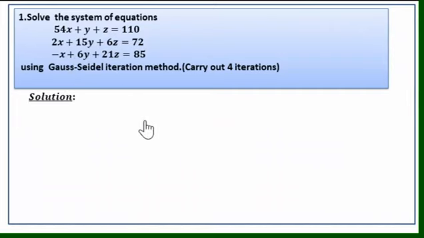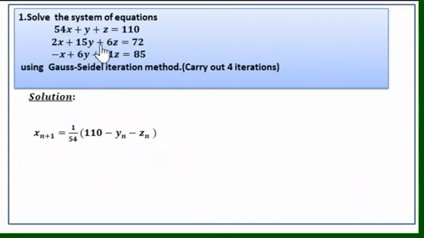So we can solve for x from the first equation. 54x is 110 minus y minus z, or x is equal to 1 by 54 into (110 minus y minus z). Or you can write the iterative formula x(n+1) equal to 1 by 54 into (110 minus yn minus zn).